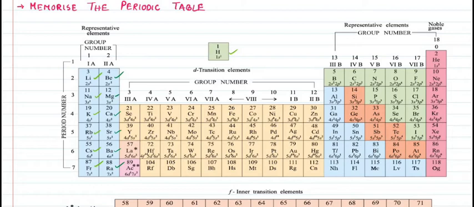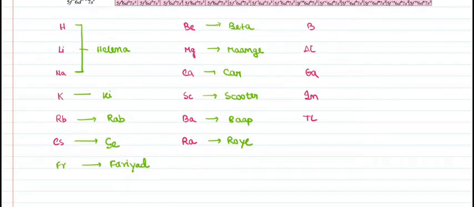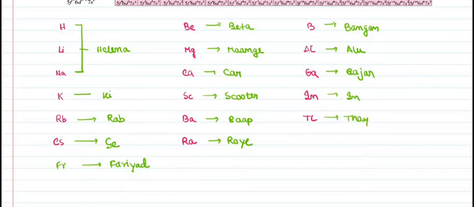Next we are looking at the 13th group. Boron, aluminium, gallium, indium, thallium. What we can do is: B is bangan, Al is alu, Ga is gajar, In is in, Tl is thala.